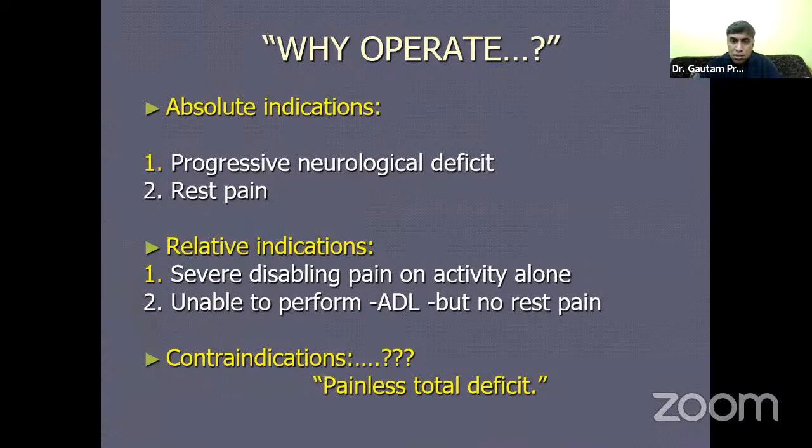But in today's era, you don't wait for a patient to develop neurological deficit or irreversible damage in the form of rest pain. So the relative indication is a pain which is disabling, a pain which is causing loss of activities of routine daily living, or decrease in his ability to stand, walk, and perform his routine activities. All those things are now a standard indication for surgery.